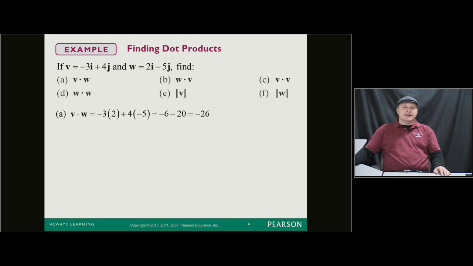So it's negative 3 times 2, multiplying their x components, and then 4 times negative 5, multiplying the y components. Negative 3 times 2 is negative 6, and 4 times negative 5 is negative 20, and that combines to negative 26.